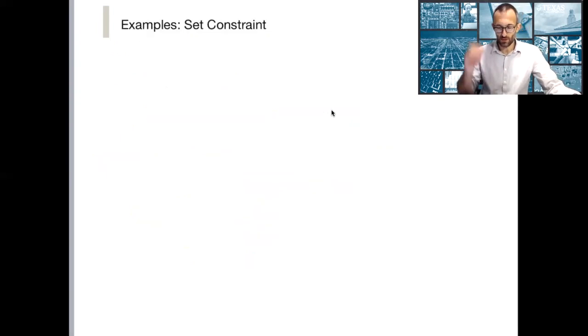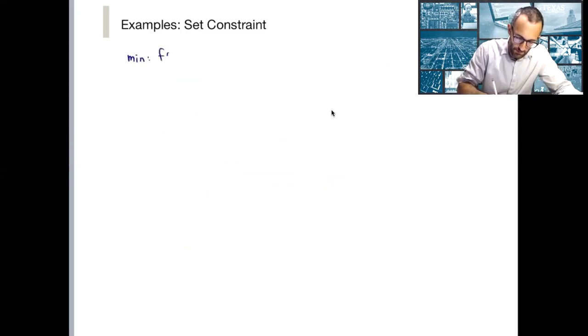So let's use the rest of our time to look at some specific examples of how we use this framework. So let's look at a problem of minimizing a function subject to some set constraint.